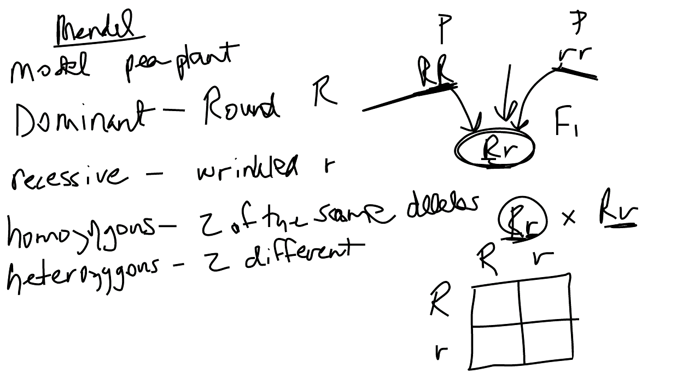So above and to the side, these are the gametes for the parents. In the boxes are possible offspring. So then we're just going to carry this R across and carry this R down. Okay, so big R, big R, big R, big R. Then we'll do the same thing with the little r. This little r will carry down, little r, and we'll carry this one across.